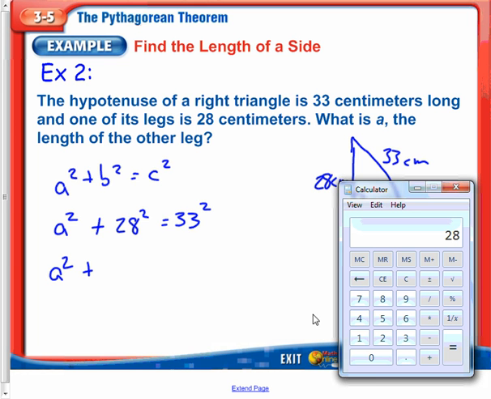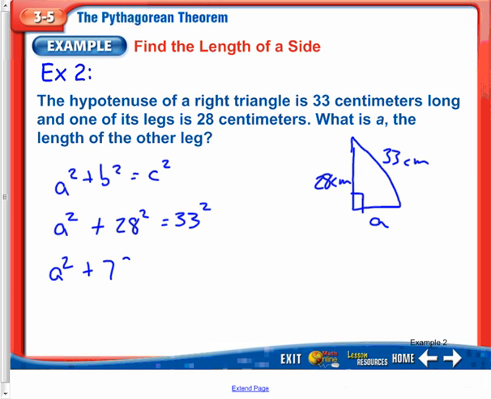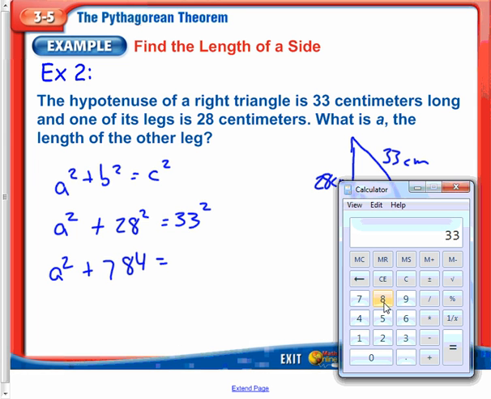So 28 times 28 equals 784. So we can write that in here, and that equals 33 squared, which is 33 times 33, 1,089.